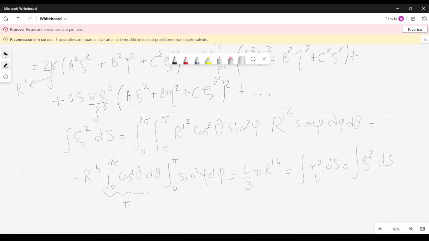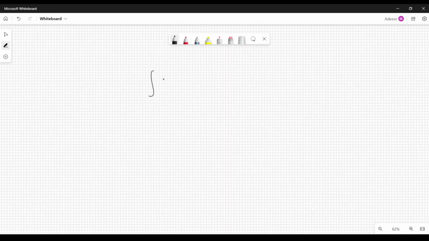And then similarly, we also have to calculate other integrals. For example, integrals of this kind.